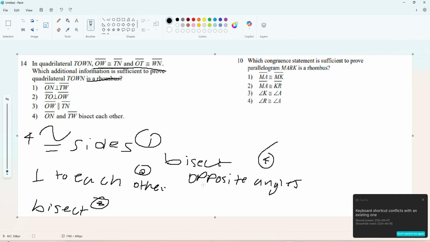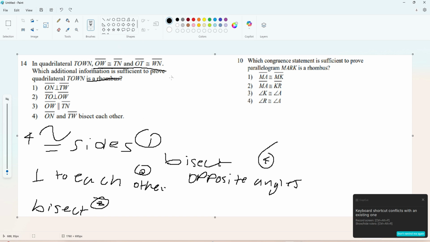On to our last set of questions. In quadrilateral TOWN, segment OW is congruent to segment TN, and segment OT is congruent to segment WN. Which additional information is sufficient to prove quadrilateral TOWN is a rhombus? Pause the video and try to solve the question, and come back to find the answer. Alright, welcome back.